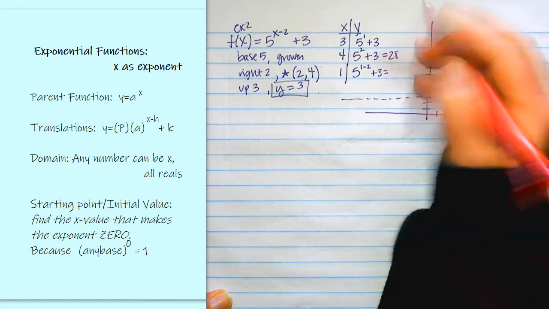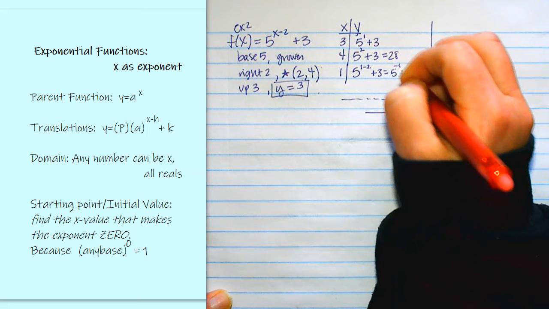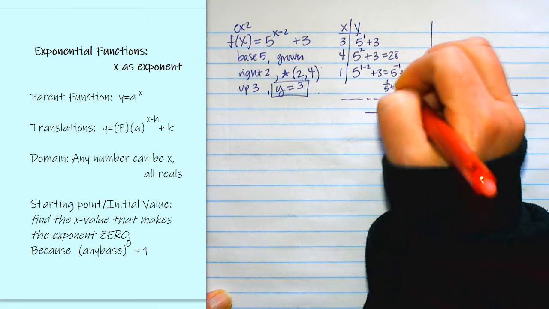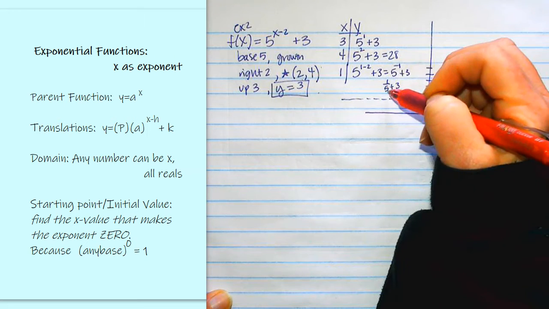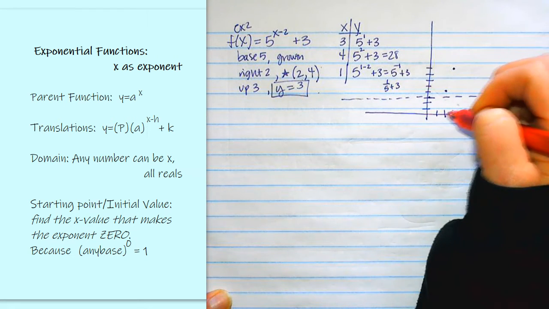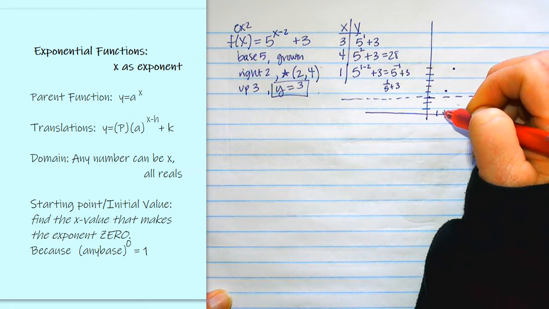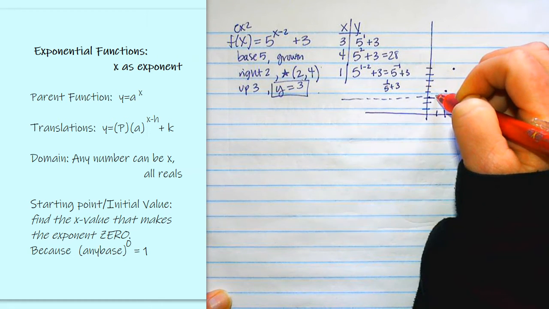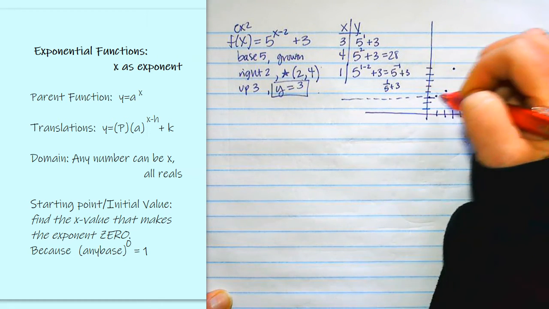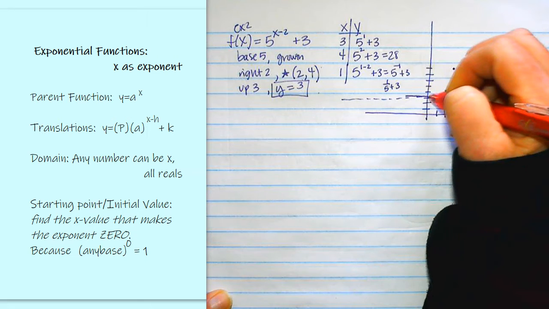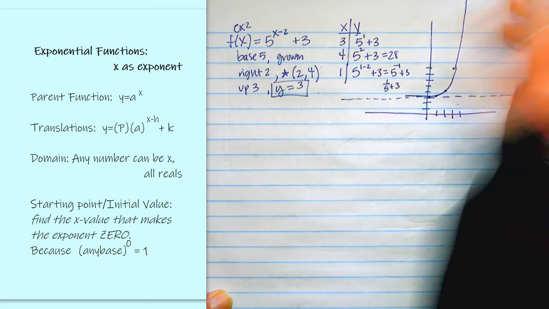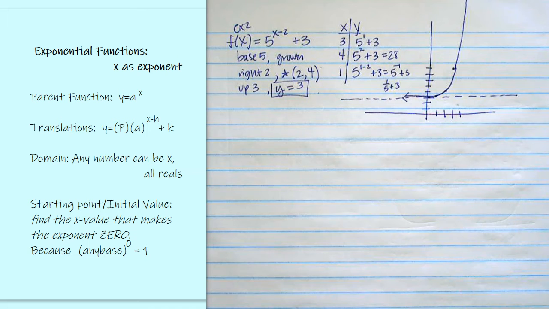That's 5 to the negative 1 plus 3, which really means 1/5 plus 3. So that means 3 and 1/5. That's really small. That's going to be here at 1, and it's going to be 1, 2, 3, and a little bit. So it's right there, right above the asymptote. So here now we have enough points to graph, and voila, we have a graph.